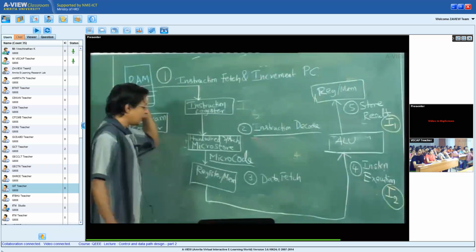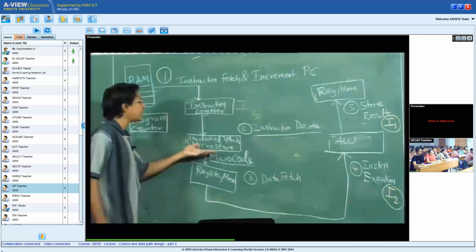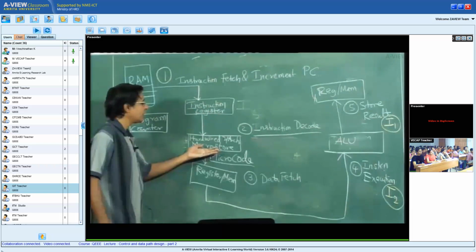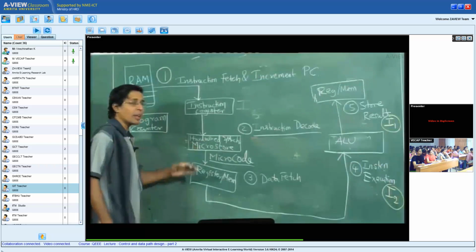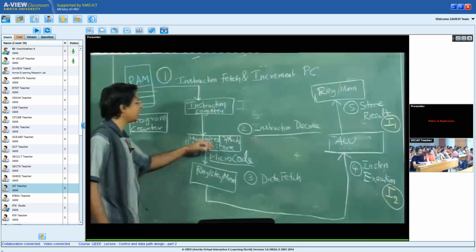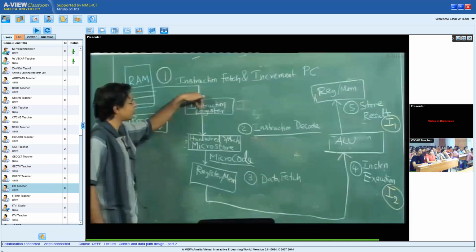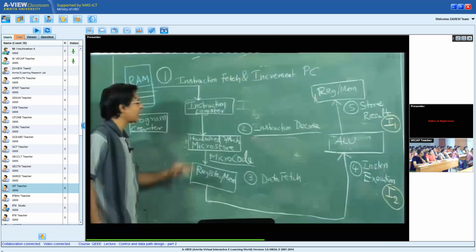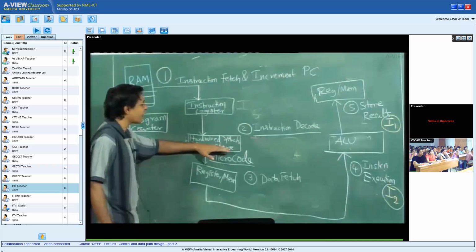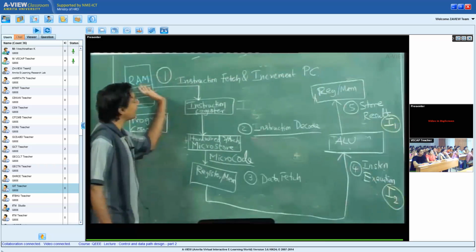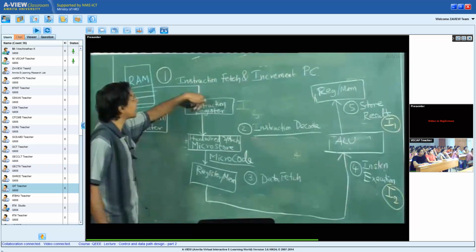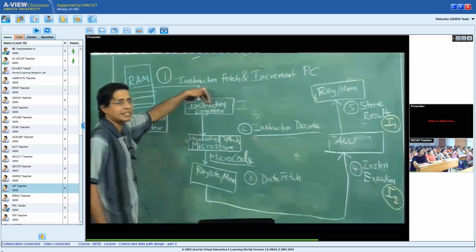If I am using the content of the instruction register for decoding, then when the new instruction is fetched, that can go and change the decoding. So when I am decoding the first instruction, the second instruction can come and erase the first instruction and get stored in the instruction register.